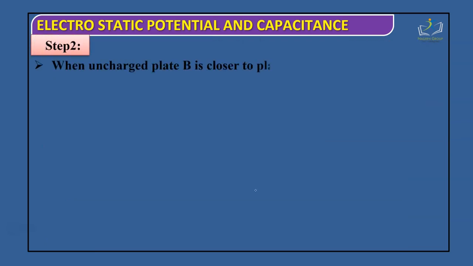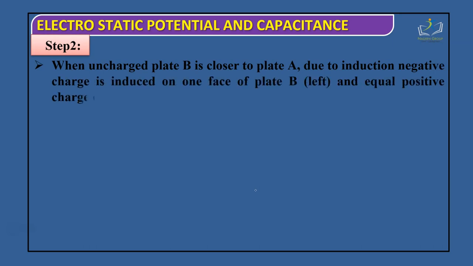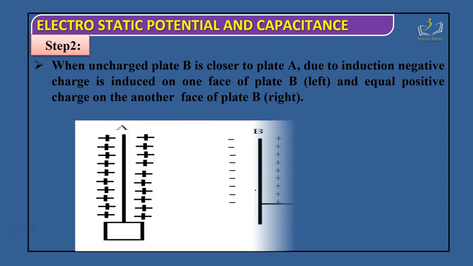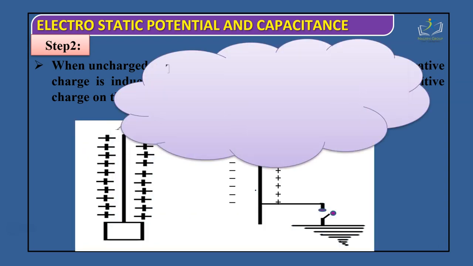Step 2. When the uncharged plate B is taken closer to plate A, due to induction, negative charge is induced, as I told you, on the one face of plate B, the left. An equal positive charge is created on the other face of B, like this.